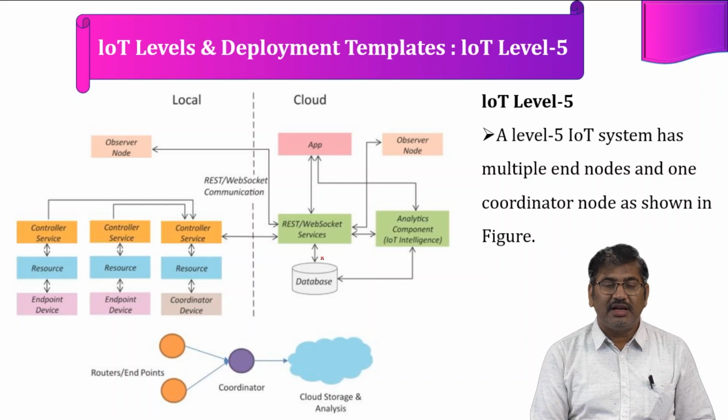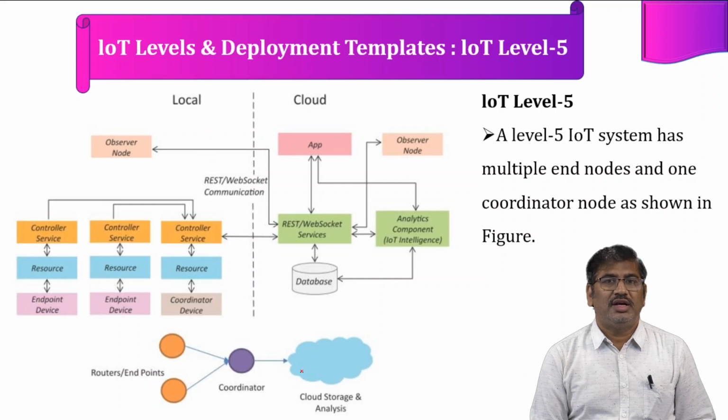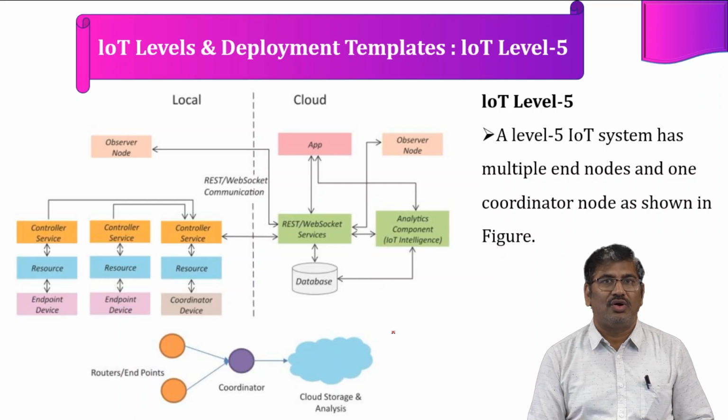The collected data will be in the cloud-based database, and the application also will run in the cloud. Here the observers or routers, the endpoints which are local, can monitor or coordinate with the cloud storage and the analytics carried out in the cloud system.